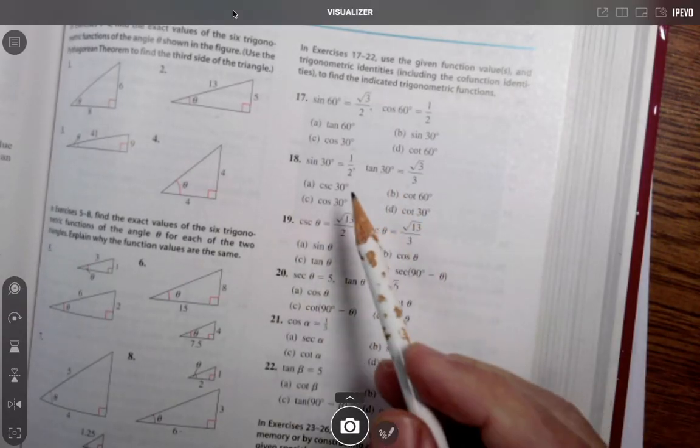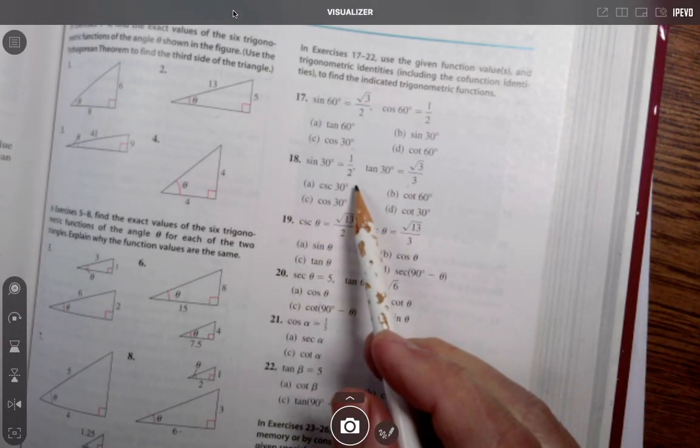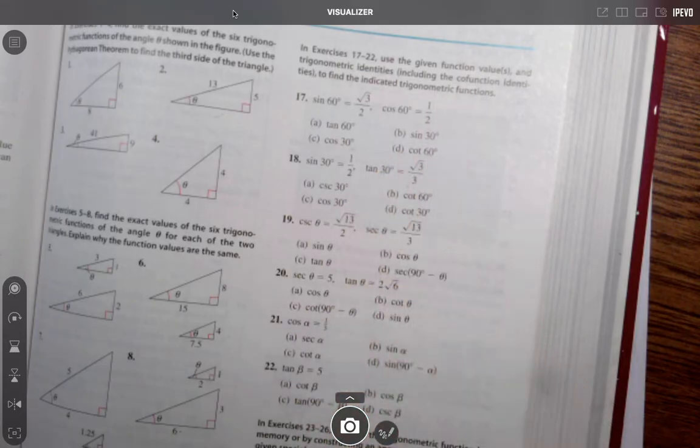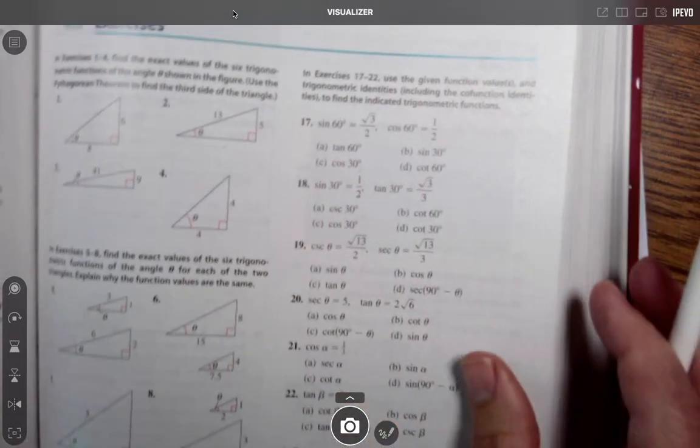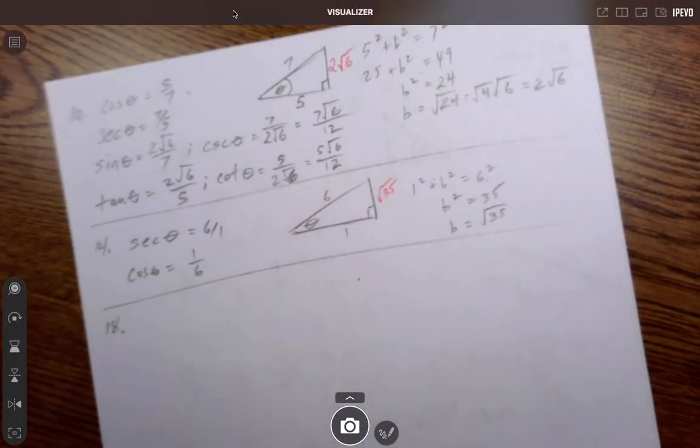Okay, so notice it doesn't say draw a triangle or anything like that, but I'm going to, all right? So let me write down what we've got.